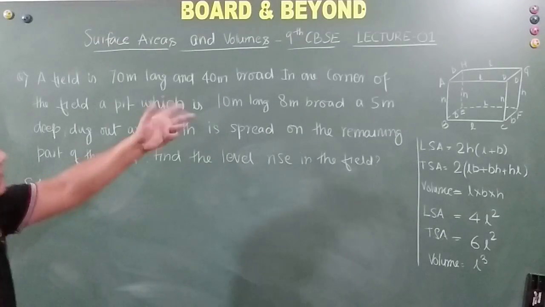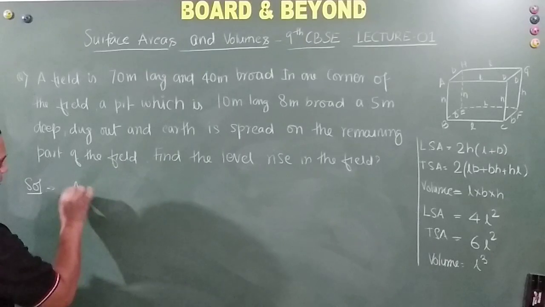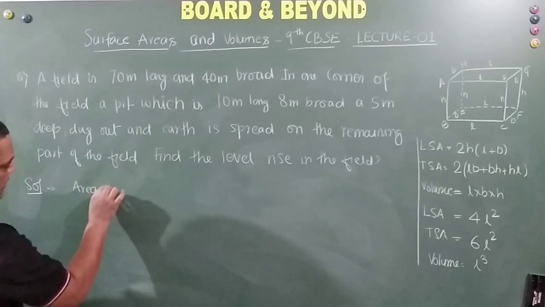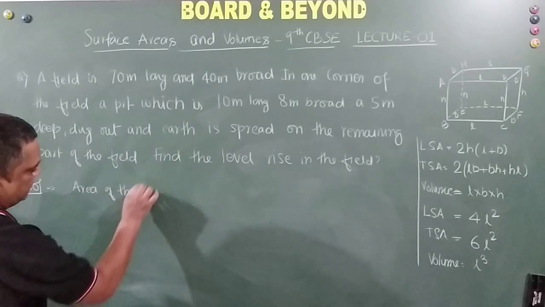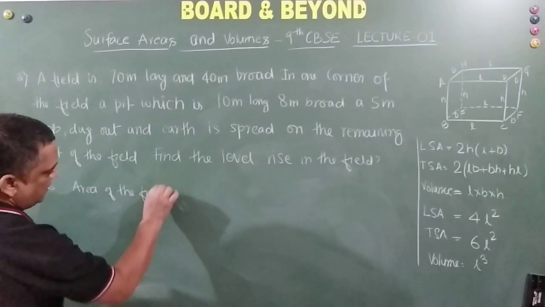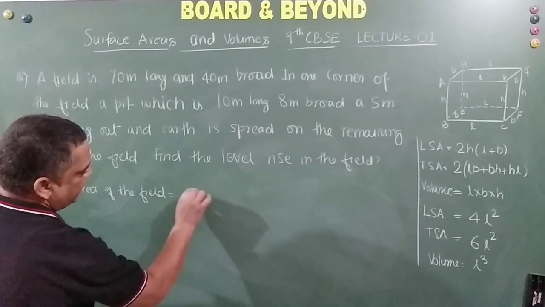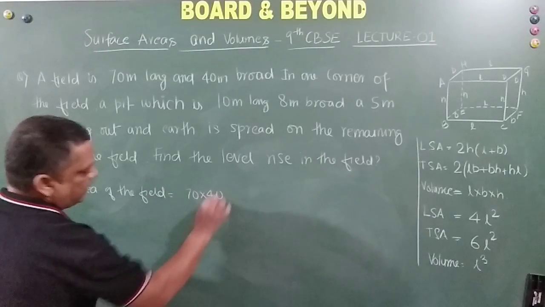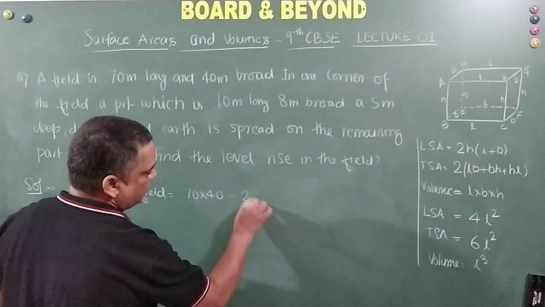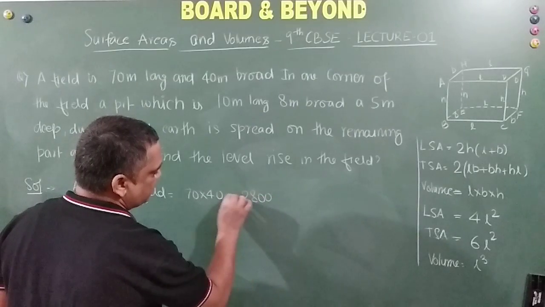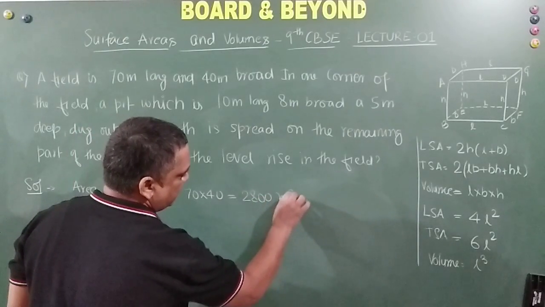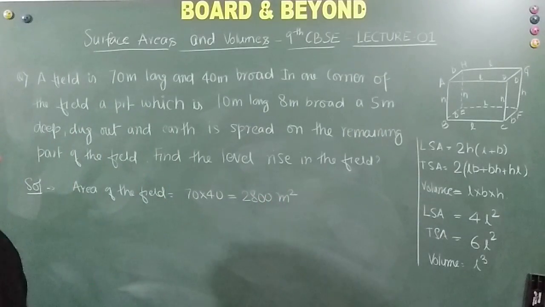So area of the field now, how much? Area of the field is equal to 70 into 40, which is 2800 meter square. Is everybody okay? Fairly simple.